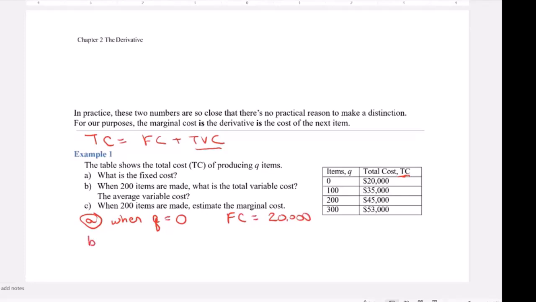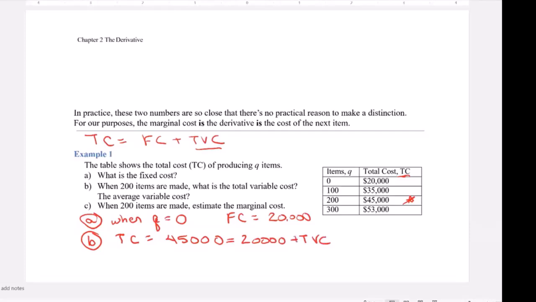For B, when 200 items are made, okay, now we're at 200. What is the total variable cost? Well, I know my fixed cost now, and I know my total cost. So I can say the total cost, which is equal to $45,000, is equal to my fixed cost, which I know is $20,000, plus my total variable cost.